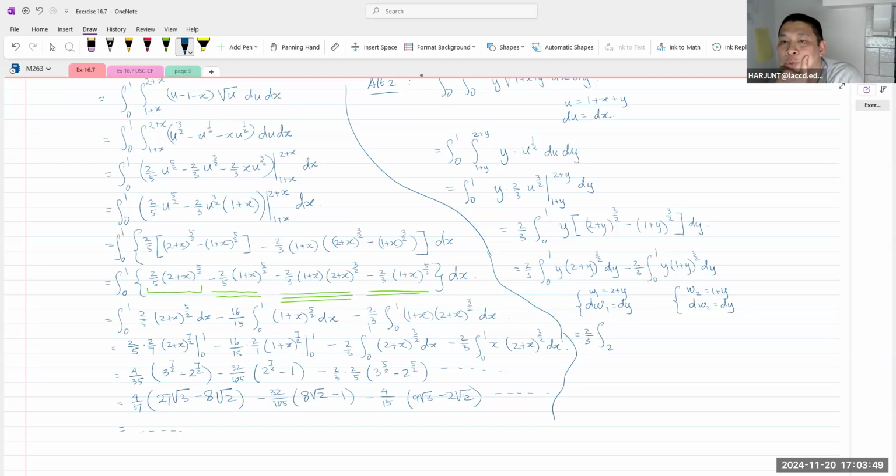This becomes 2 to 3. The y will be w1 minus 2, and then this is w1 to the power of 3 halves dw1, minus 2/3 integral from 1 to 2 of w2 minus 1 times w2 to the power of 3 halves dw2.